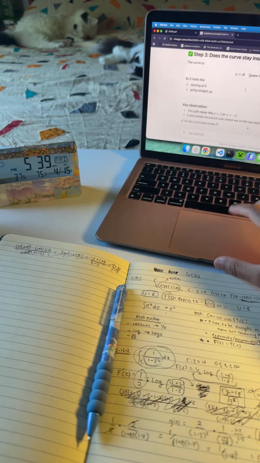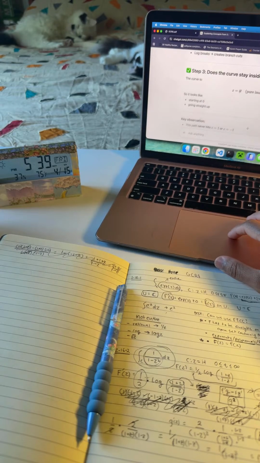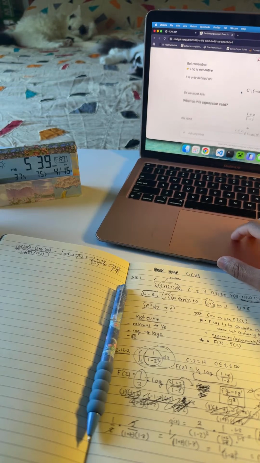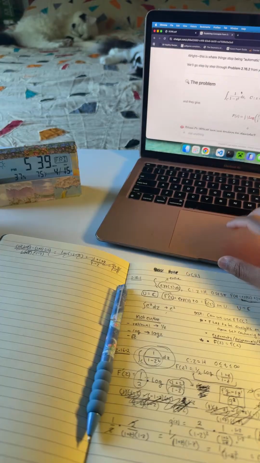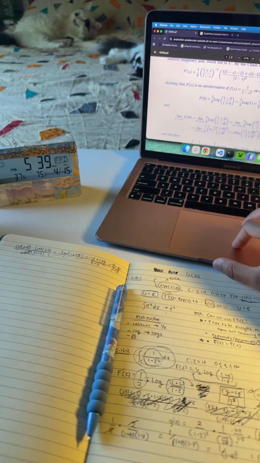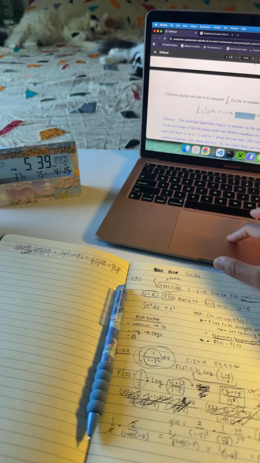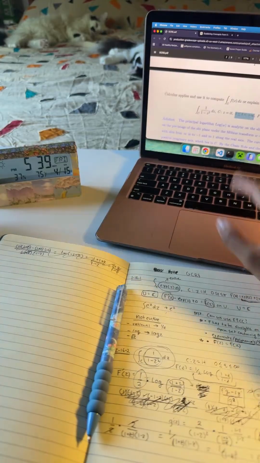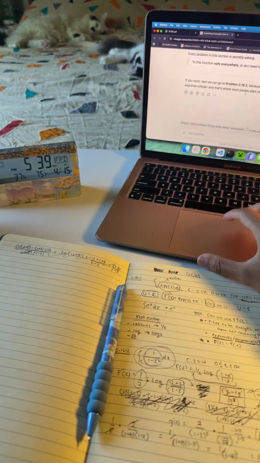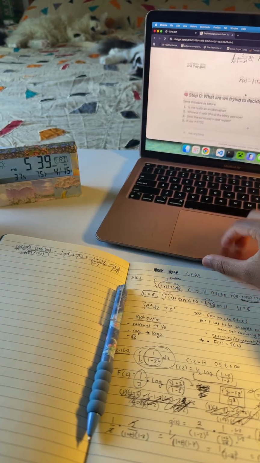But we know t is positive, right? Because they said that t is between 0 and infinity. T is within that range, so it has to be on the positive imaginary axis.